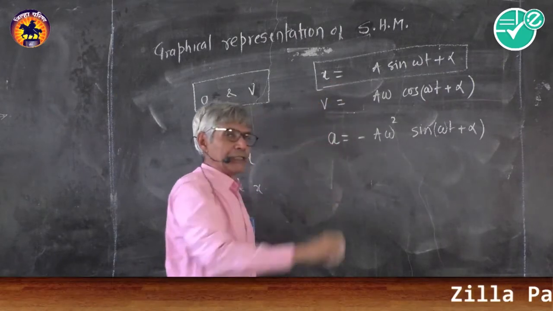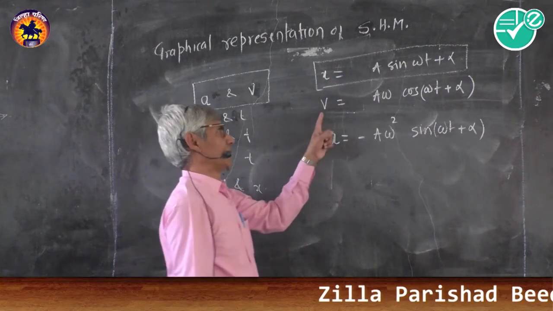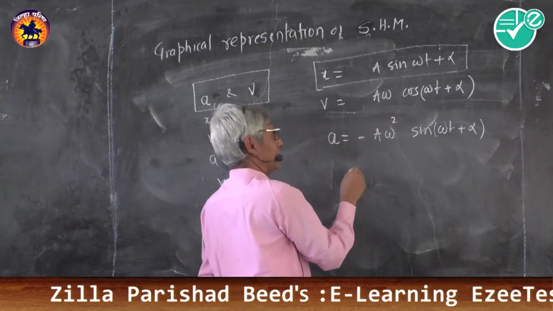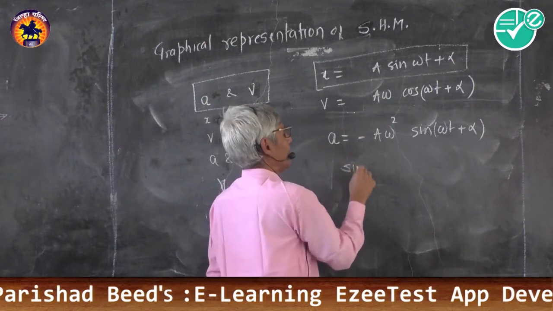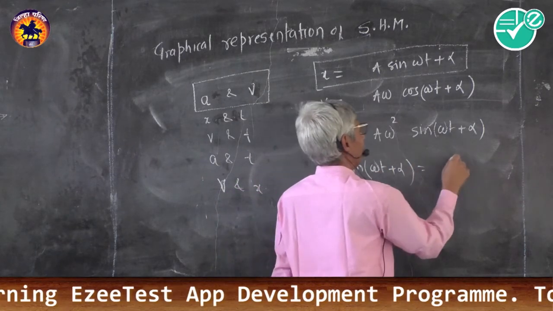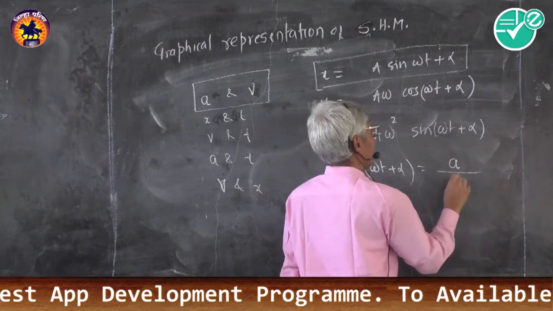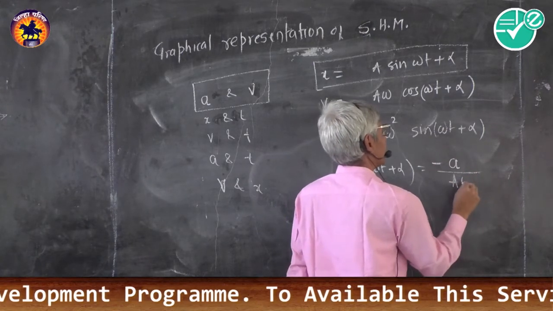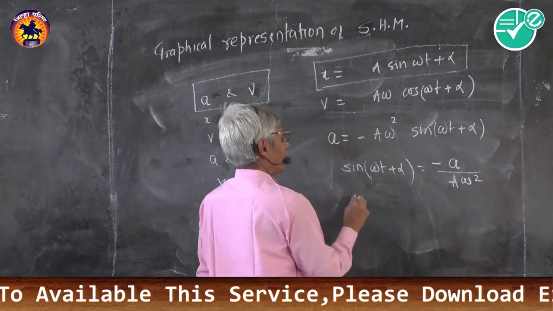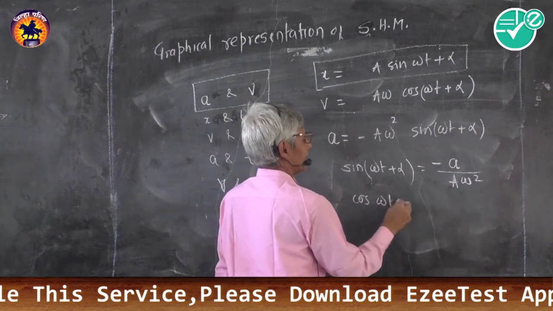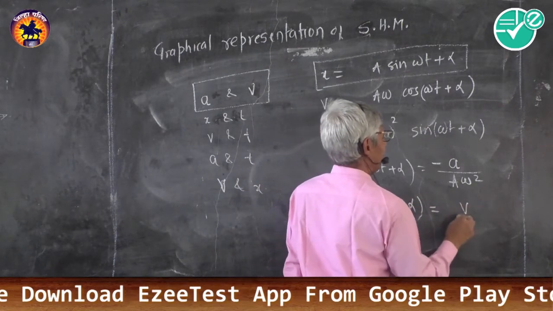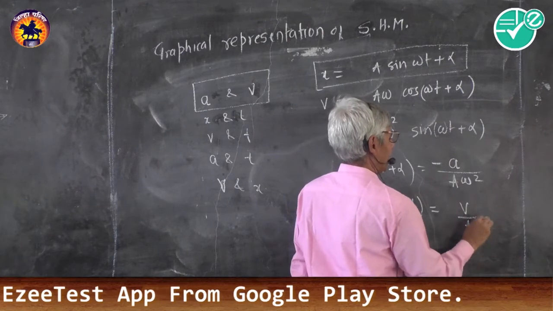Assuming this equation for the displacement of the particle, we can obtain the expressions for the velocity and linear acceleration. If we rearrange these equations, we have sin omega t plus alpha equal to minus a divided by capital A omega square, and cos omega t plus alpha will be equal to v divided by A omega.